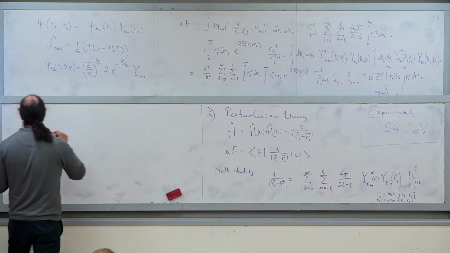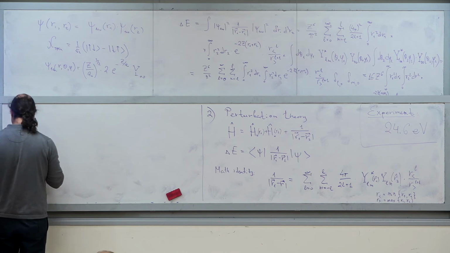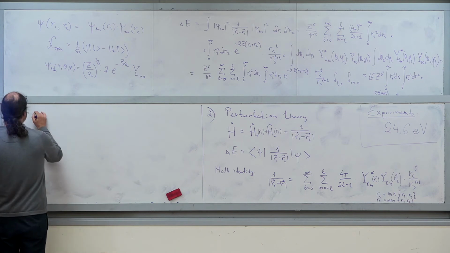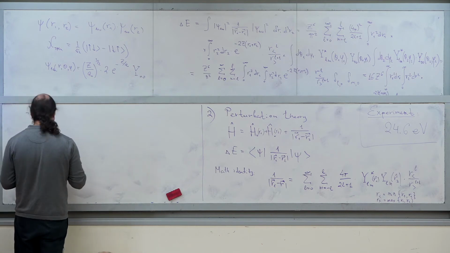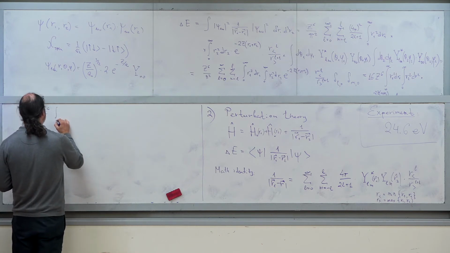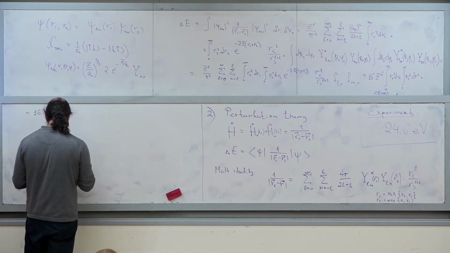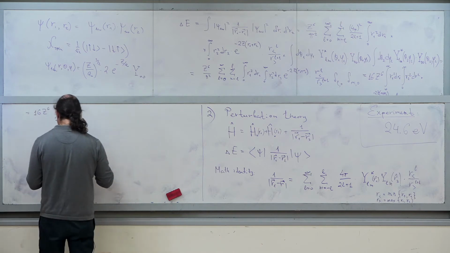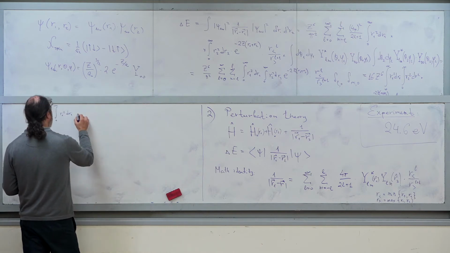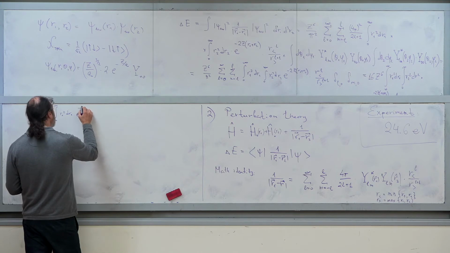Then this integral will be equal to 16z to the sixth power, times the integral from 0 to infinity of r1 squared dr1, and now we get e to the power of minus 2z r1.